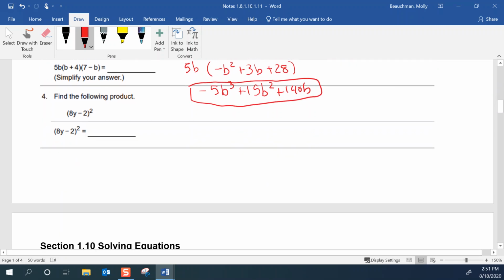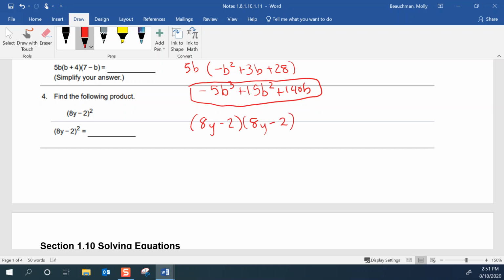And last but not least, find the product. We have (8y minus 2) squared. This means we take 8y minus 2 times 8y minus 2, and then follow what we did up above. So I'm going to take 8y times (8y minus 2), then I'm going to take negative 2 times (8y minus 2).